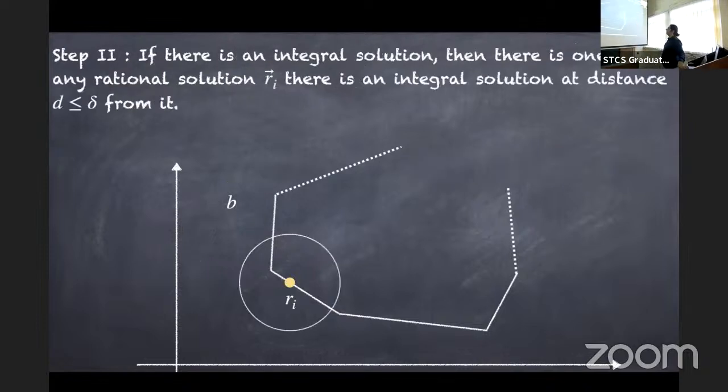The second step is to show that if there is an integral solution to this set of constraints, then there is one which is closer to this rational solution. Which means that if you have an integral solution, then there is one integral solution which is close to every rational solution. And close means how close? That is delta, the same bound that we have.